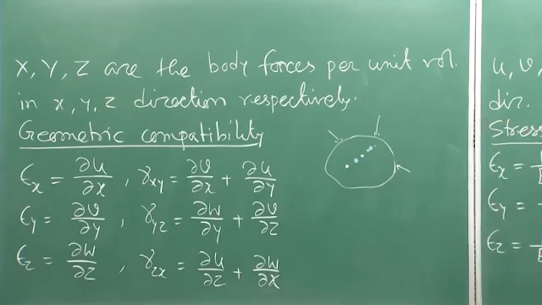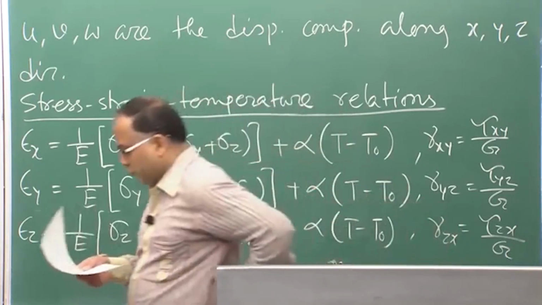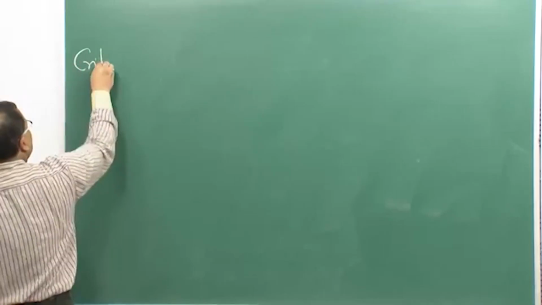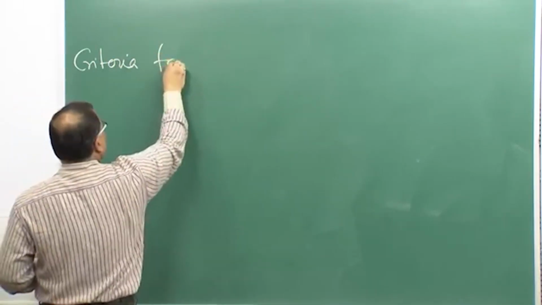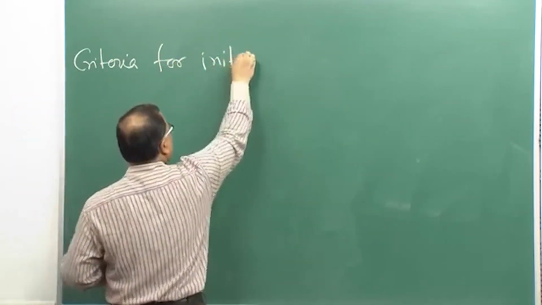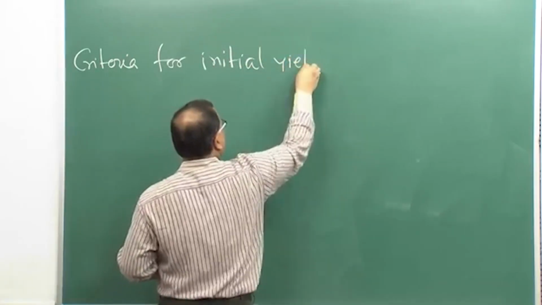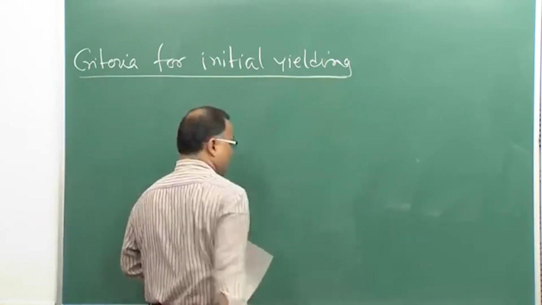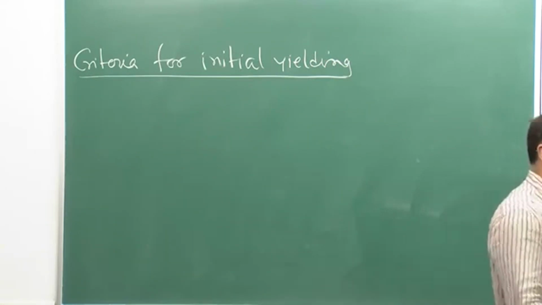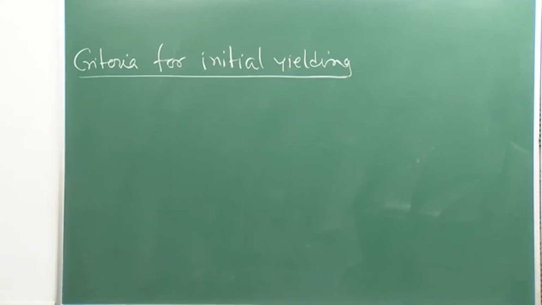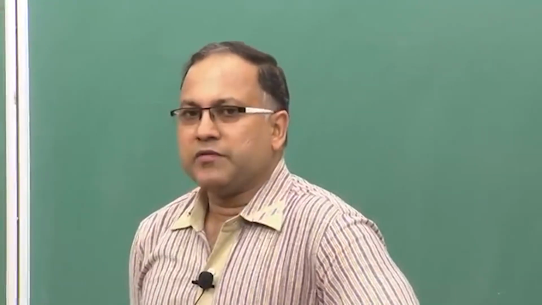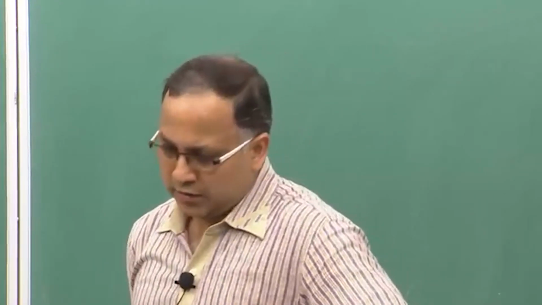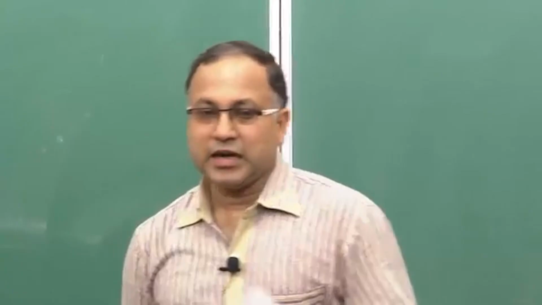Now, we are going to discuss the criteria for initial yielding. Sometimes this is also known as failure criteria. In different books you will see failure criteria, criteria for initial yielding, or yield criteria.